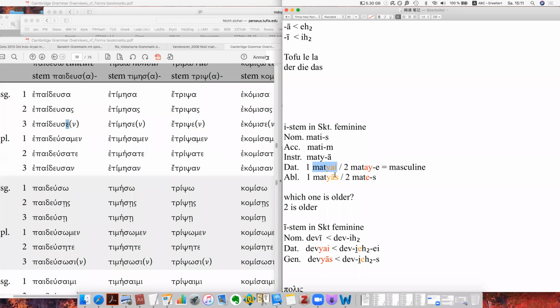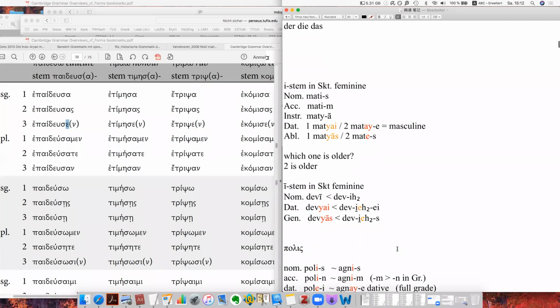And this different forms is actually borrowed from the long E stem. Long E stem, we have it here. And just like the E stem, long E stem has ablaut here. So this is the zero grade, and this is the full grade. And this is the reason why we have I, yai, and yas here.